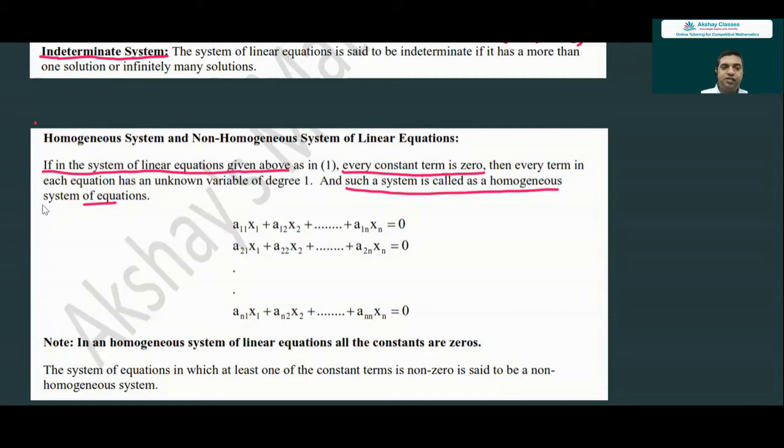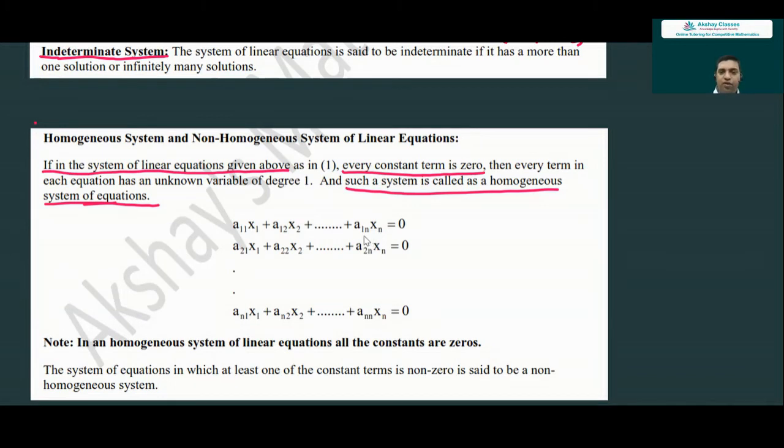Why homogeneous? Because every equation is homogeneous. Every term in the equation has the variable of degree 1. The constant term would have degree 0, there was no variable there, but the constant itself doesn't exist, so that term doesn't exist. So every term in the equation has the unknown variable of degree 1.